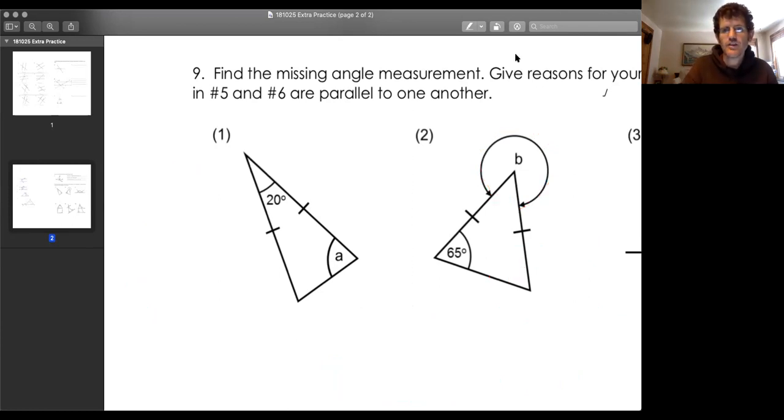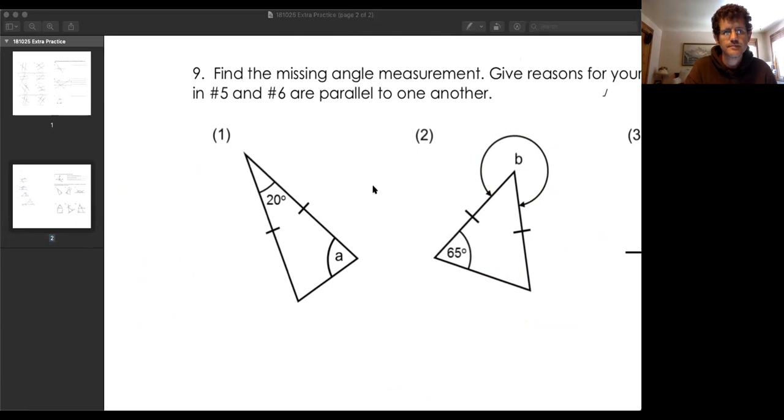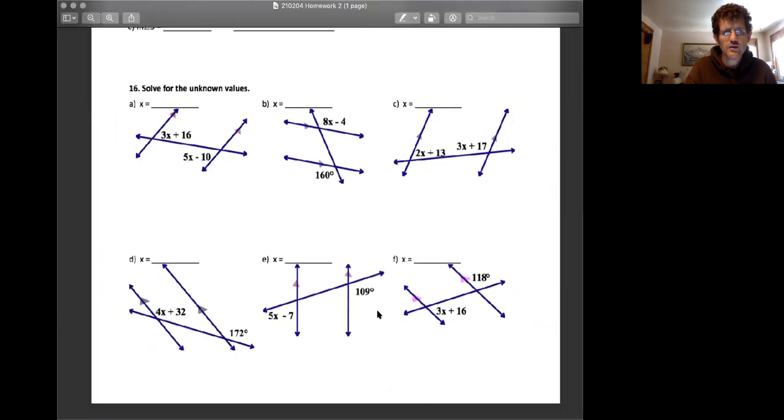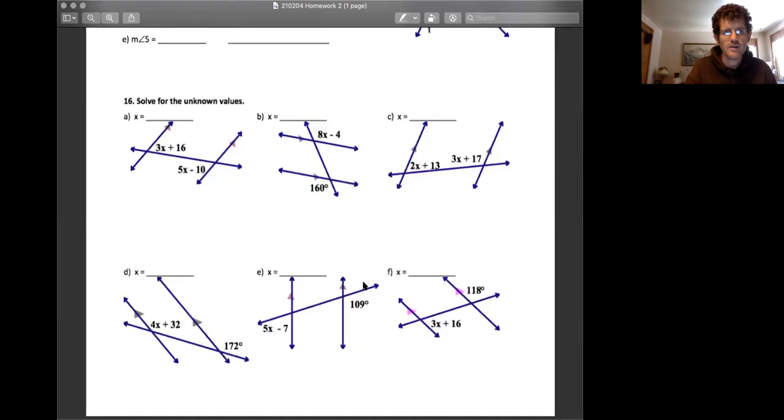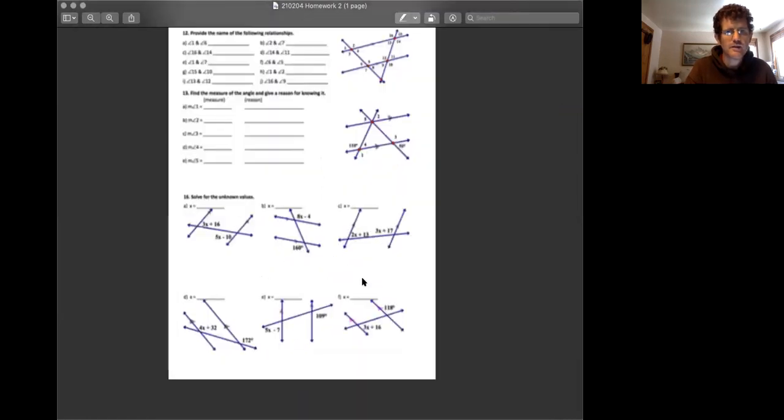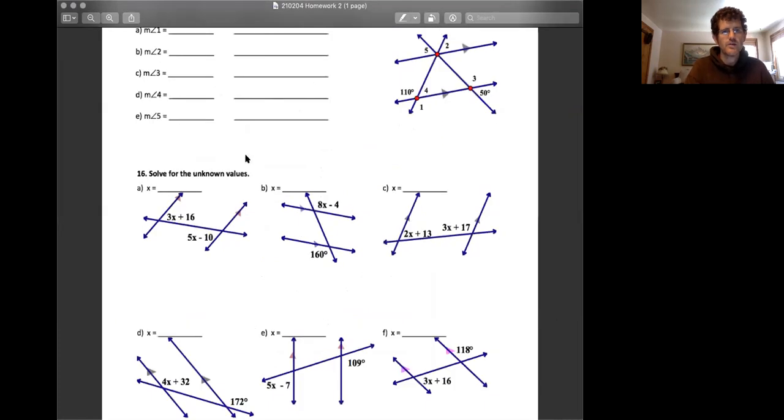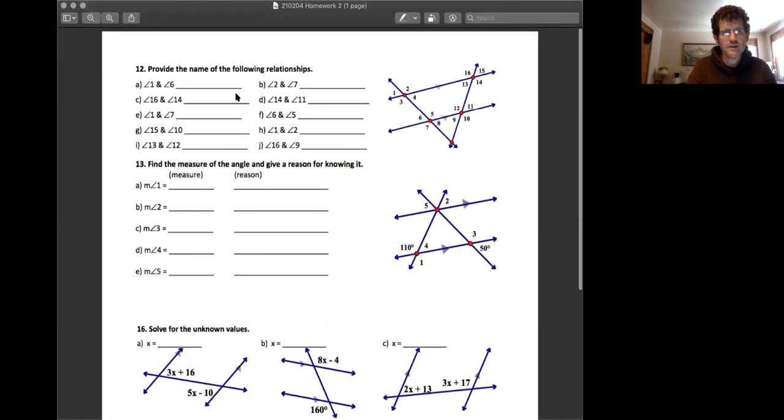All right, now let me change what we're looking at. I'm going to pull up another page. This is your homework number 2. We're not actually going to do any problems here, but if it helps you, you can do this top part. Look over it, and you don't have to do this as part of your homework, but I highly, highly encourage you guys to do this.